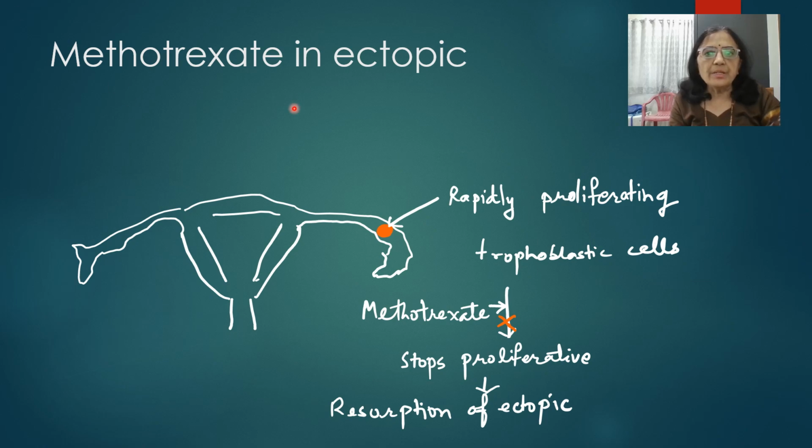So in ectopic pregnancy, methotrexate acts on the rapidly proliferating trophoblastic cells. It stops the proliferation, which leads to the resorption of the ectopic pregnancy.